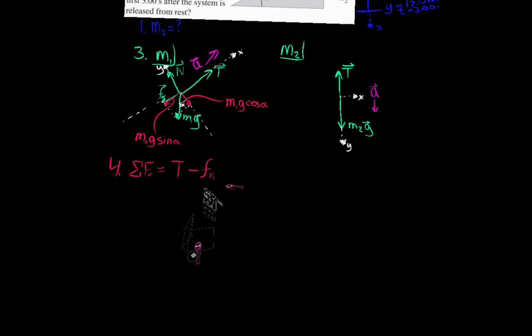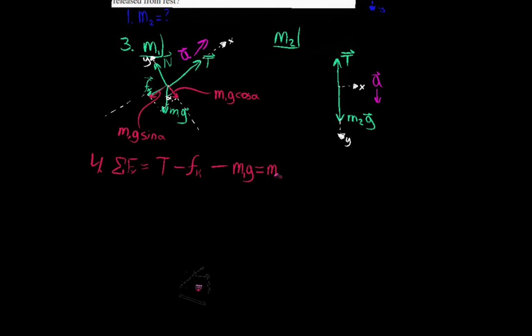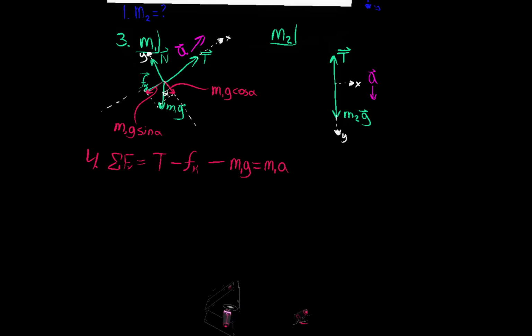One more force involved, the component of the weight. So minus also m1g sine alpha, and that's equal to m1a, the acceleration of m1. And since they're connected, right, the acceleration of one is going to equal the acceleration of the other. So whatever rate m1 is accelerating up the ramp, m2 is going to be accelerating down, or in the positive y direction as we've defined it.